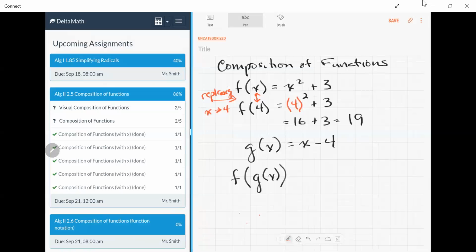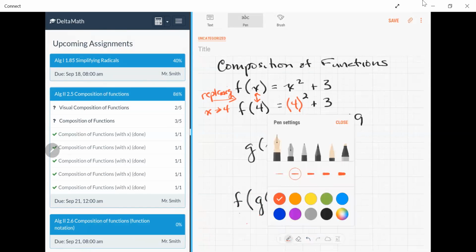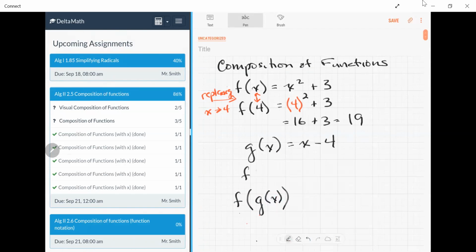Let's move this down a little bit, and I'll use the same exact example. This is our f of x function: f of x equals x squared plus 3.